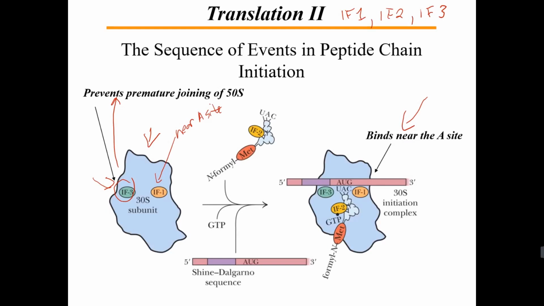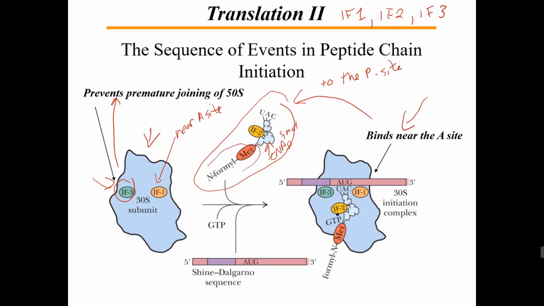Okay, and this helps direct the formyl-met initiator tRNA to the P site. So this will help direct this component to the P site. Okay, this is our special tRNA, our tRNA formyl-met initiator, that's charged with the formylated methionine.